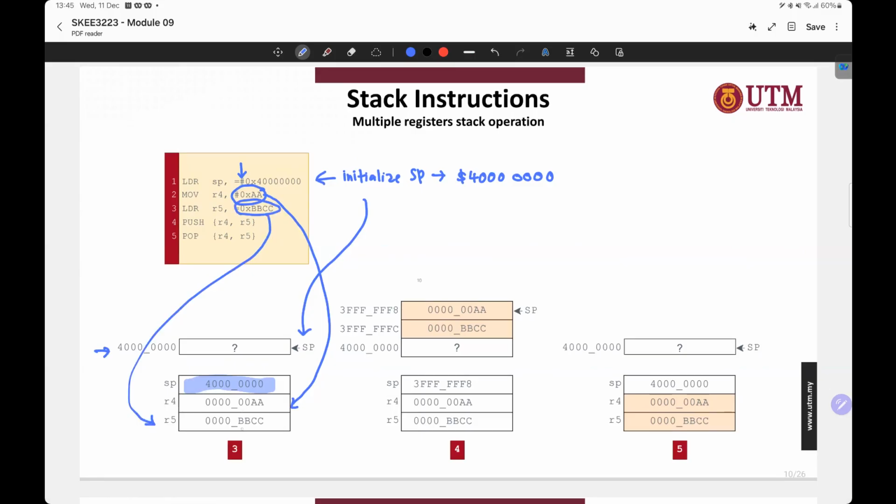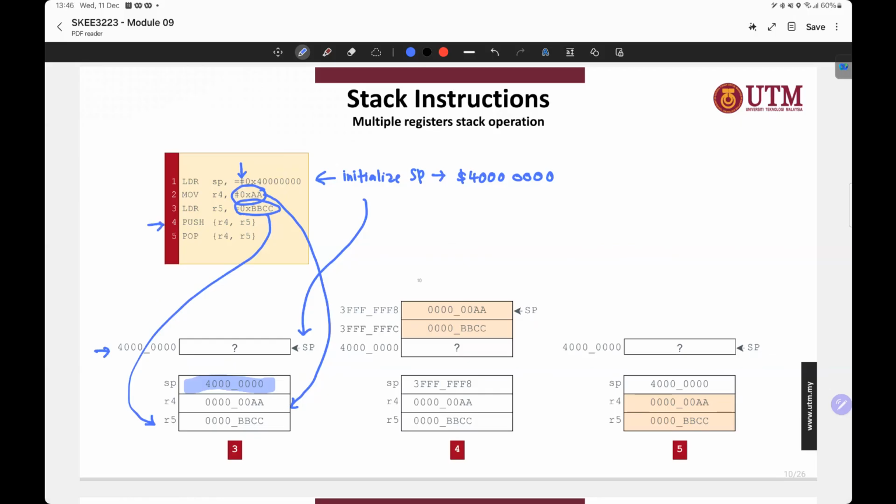Now we're going to push R4, R5. You can see you have two registers, multiple registers, and you're going to push them in one go. One is R4 and the other one is R5. Since you have two registers, you need to decrement the stack pointer twice, -4 and -4.